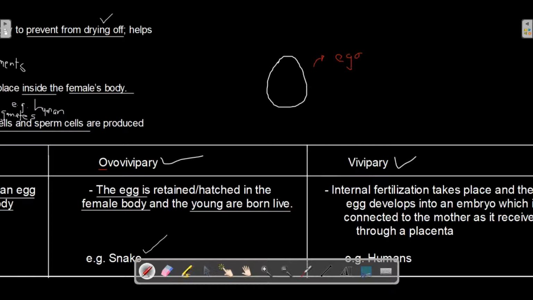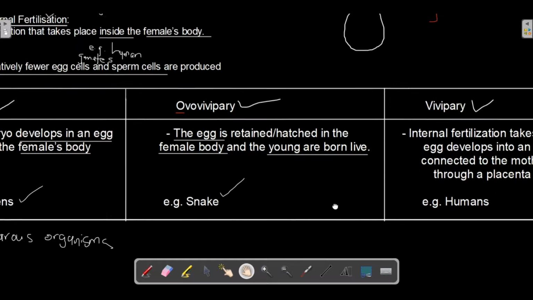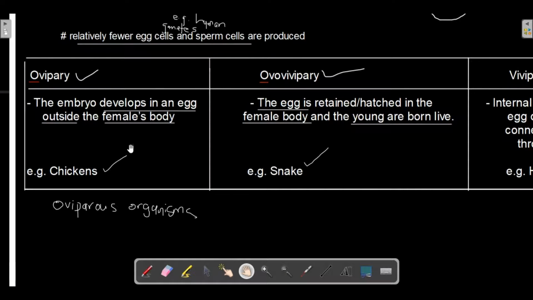Both have their embryos growing inside eggs, but the major difference is that oviparous organisms have their eggs growing outside of the female's body, and ovoviviparous organisms have their eggs growing inside the female's body.